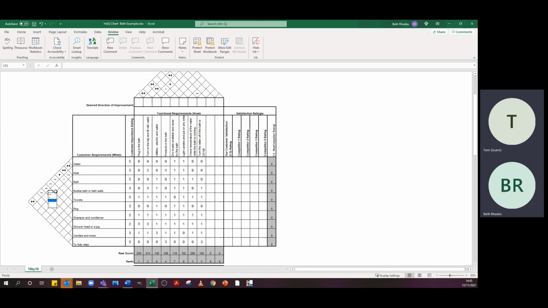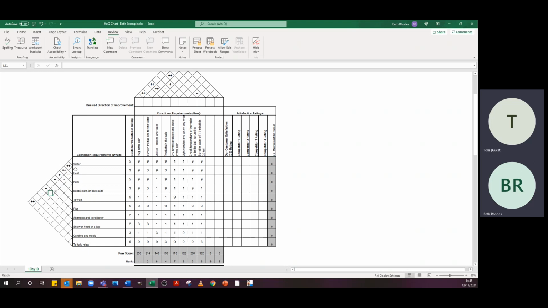Yeah, no, you're right. I'm wrong. There is no correlation. I'm overcomplicating it now. Yeah, it's so easy, isn't it? You overthink it. This is why I struggled with the House of Quality in the first place. I just overthought it completely.